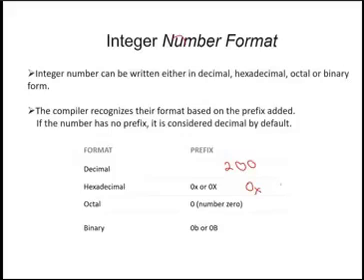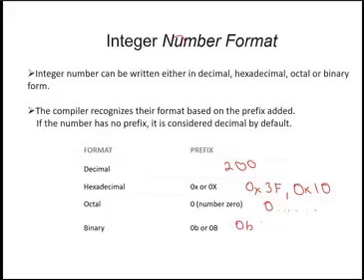And then the last one, binary. For binary, you can either put 0b or 0 capital B. How do we write this? For example, in decimal, let's say 200, you just put 200.